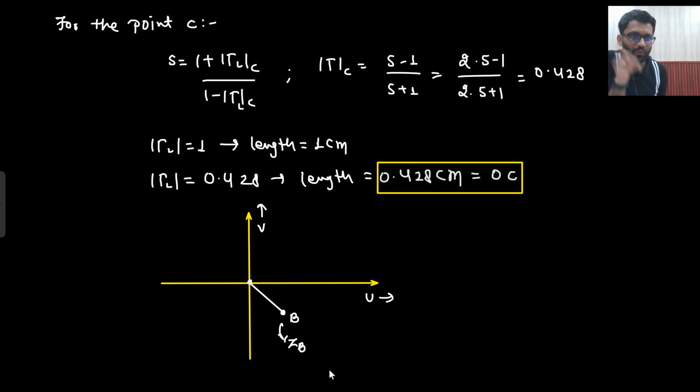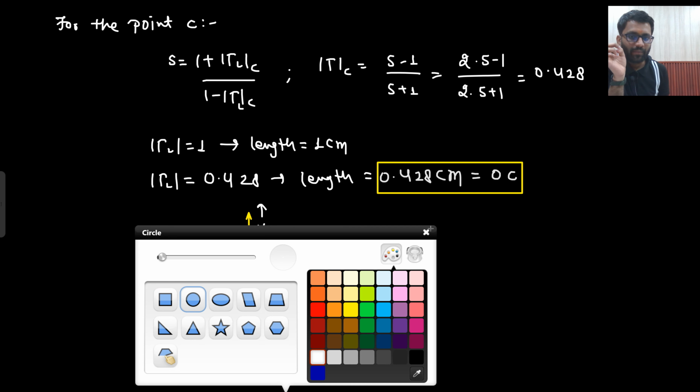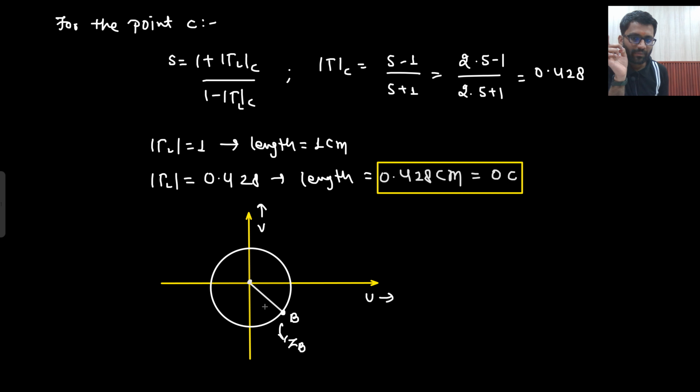I will get my mode of gamma L. And then if I make a circle, sorry, this will represent my constant VSWR circle. Now from this point, if I start walking in clockwise direction, this is anti-clockwise, sorry, if I start walking in clockwise direction, then what I will encounter first?